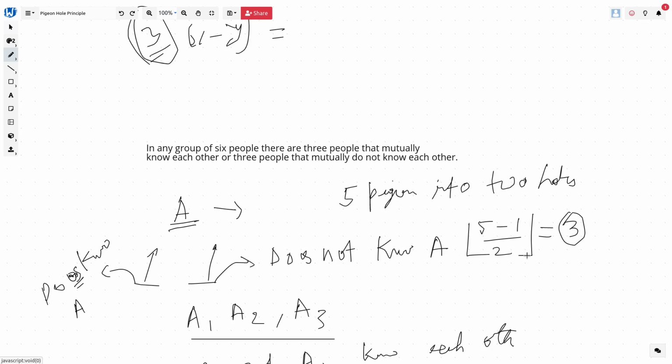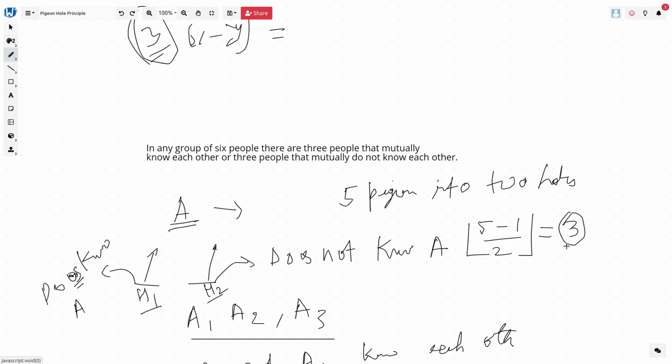By the generalized pigeonhole principle, we know that at least one of the holes, let's say hole 1 or hole 2, either H1 or H2, must contain 3 objects, right? Because 5 minus 1 divided by 2 is 2, so it should be more than 2.